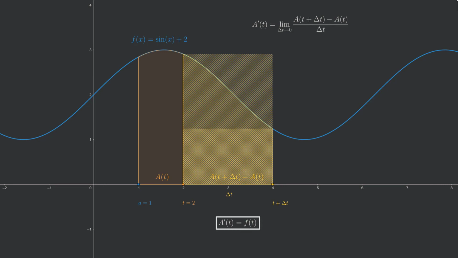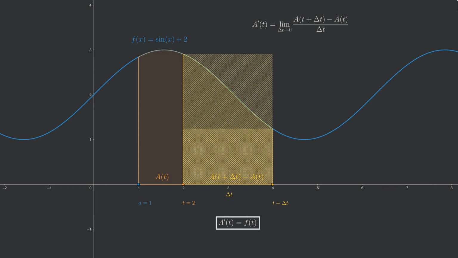Well, now you might think, why is he so excited about that little fact? Well, because the implications of this insight are enormous. Remember that a is the area function under the graph of f. That we have chosen f to be sine x plus 2 is just one random choice. We could have chosen any other non-negative continuous function f.